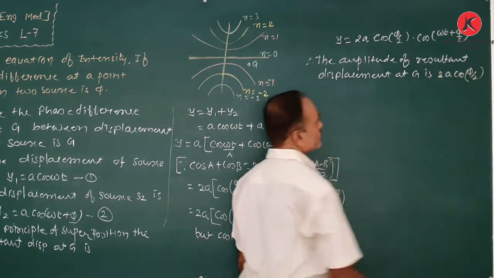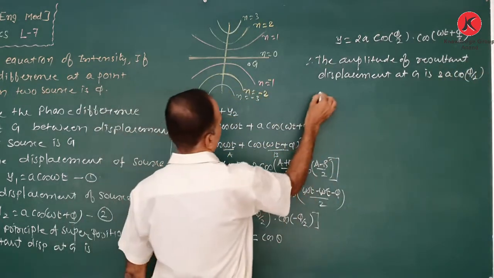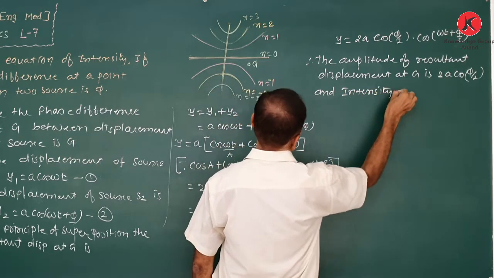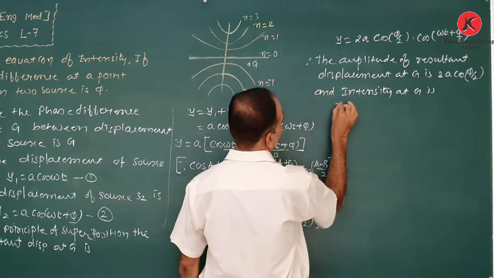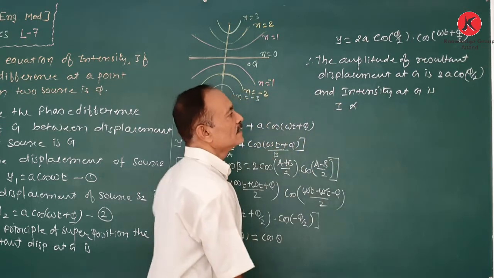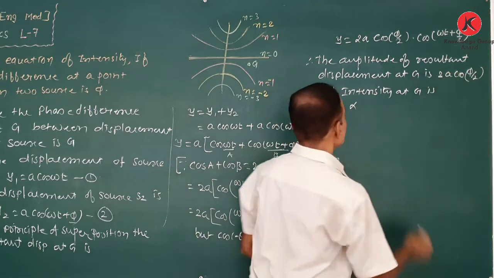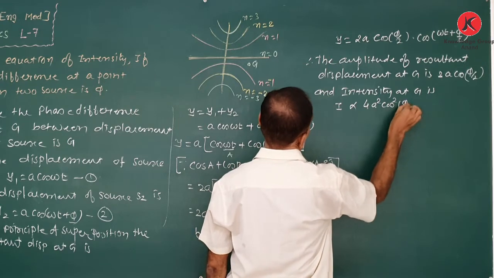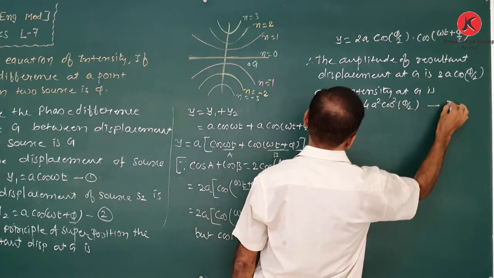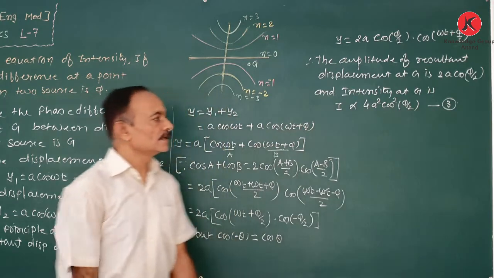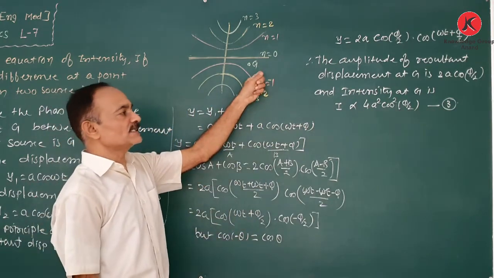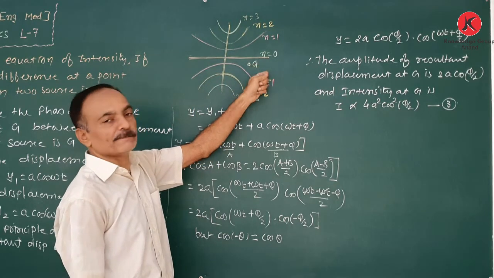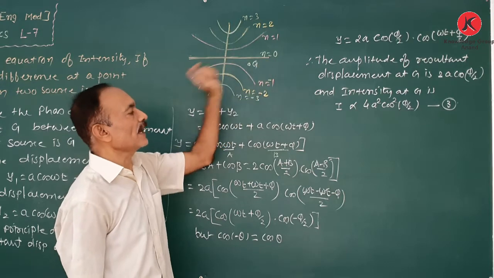And intensity at G, I, is proportional to the amplitude square, that means 4A square cos square phi by 2. This is equation number 3. So that is the intensity at point G where the phase difference between the two waves originating from the different sources S1 and S2 is phi.